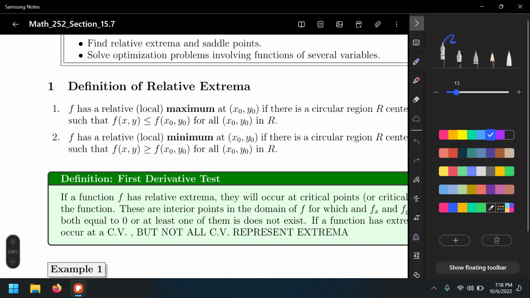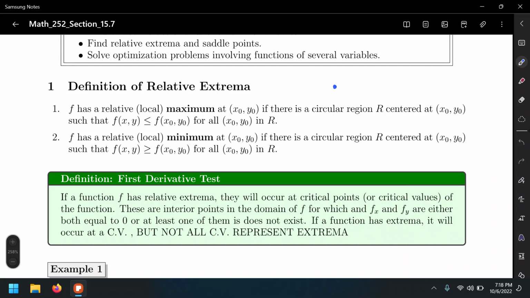So this is the picture, the point that we claim is, in this case, the maximum. And we consider a circular region, all right? And f of x, y is every single point on that circle.